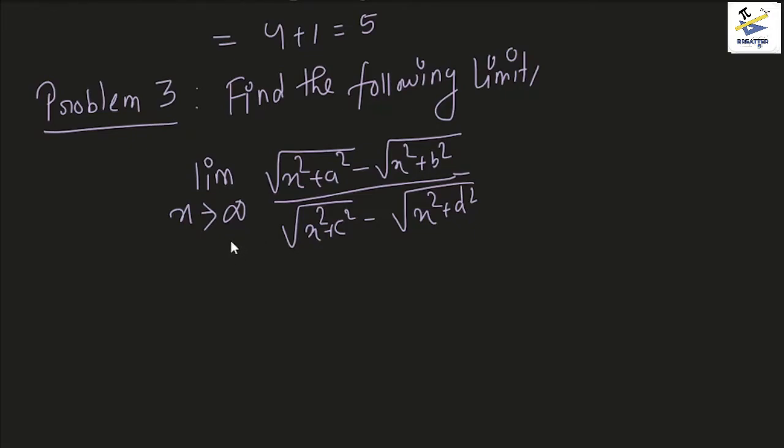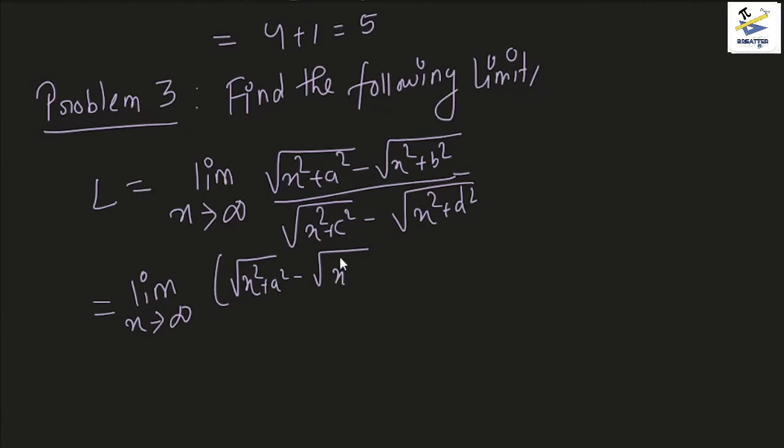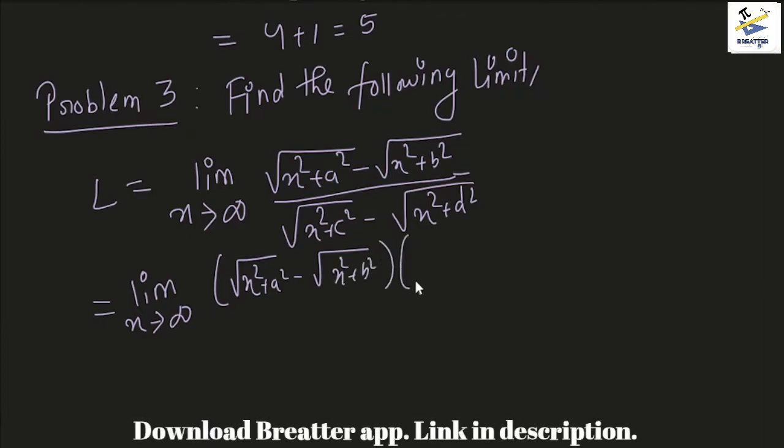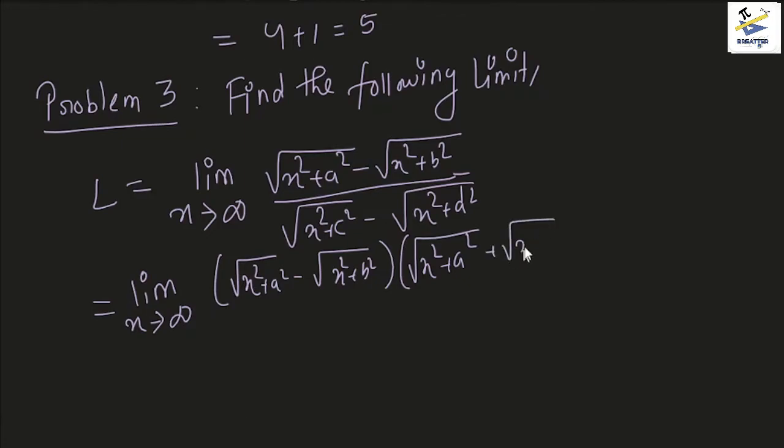Now for this kind of problem, as I said, we need to first rationalize. So let us begin the process. Let this be L. So this is equal to, we shall multiply by the conjugate, root over x square plus a square plus root over x square plus b square.